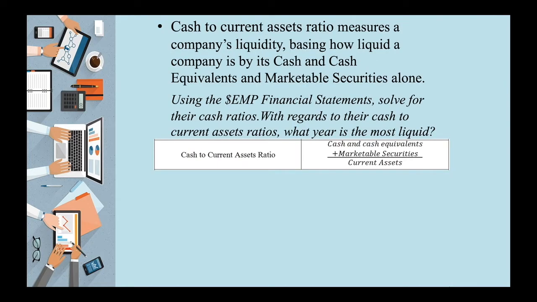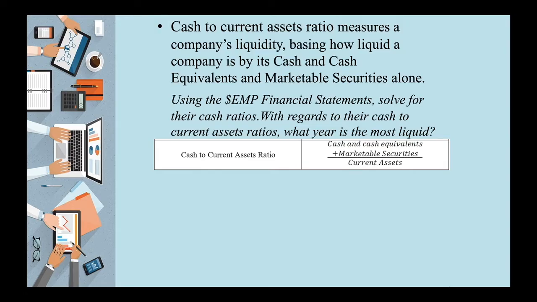Okay? So, next part of our liquidity ratios is the cash to current assets ratio. This measures how liquid a company is by its cash and cash equivalents and marketable securities alone.